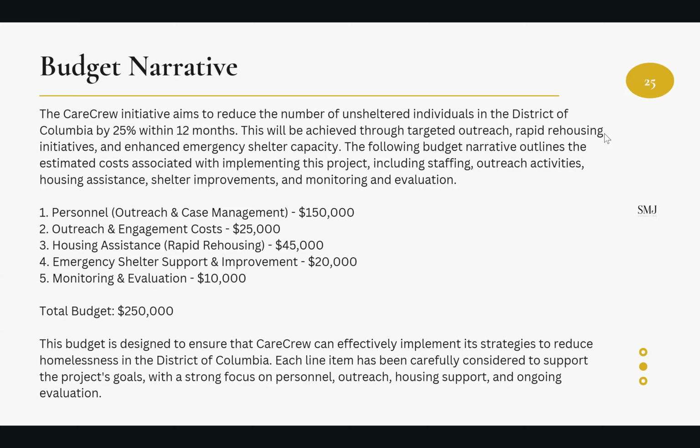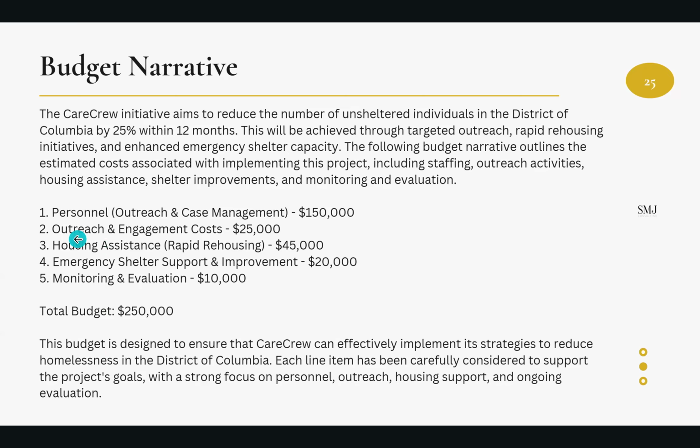This is an example of what a budget narrative in a grant application can look like. As you will see, we specified the different line items where funding will go. We talk about personnel, those responsible for actually implementing the work and their role in the project.